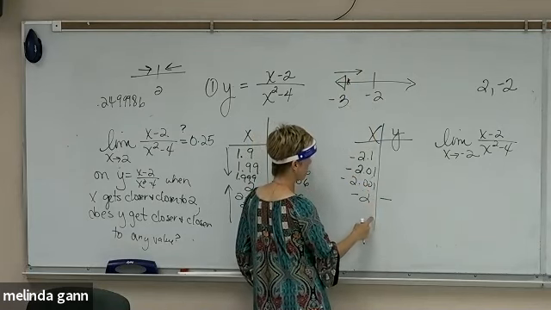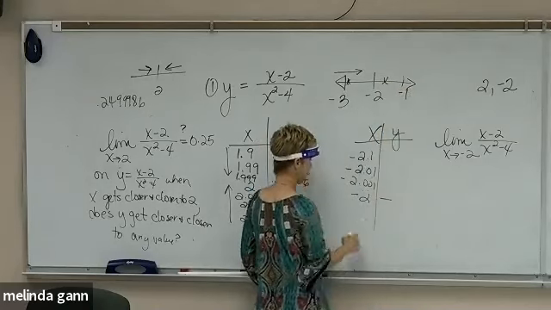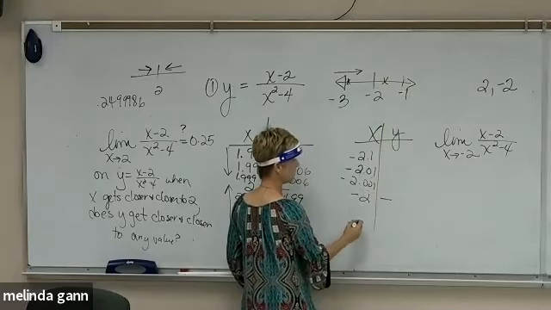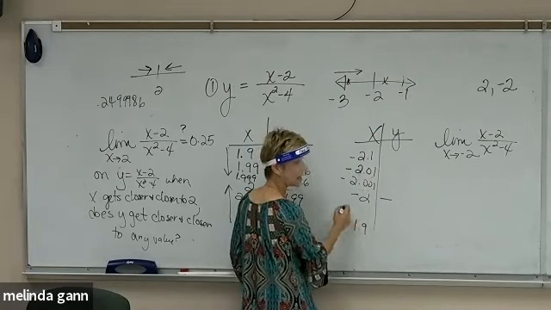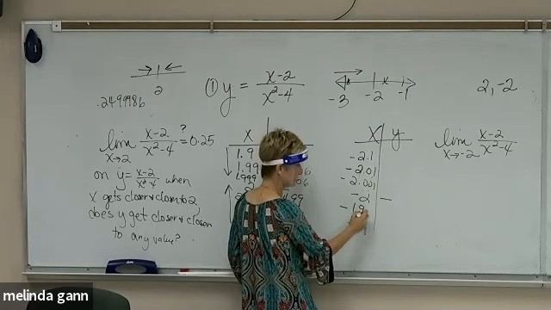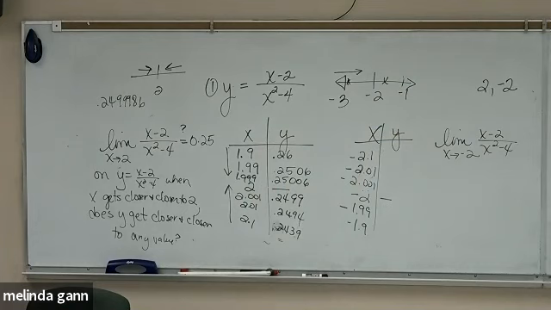What about over here? What's going to be close on this side? Negative 1 point what? 9. Negative 1 point what? Everybody with me? So fill in that table and see what you think the answer is going to be.